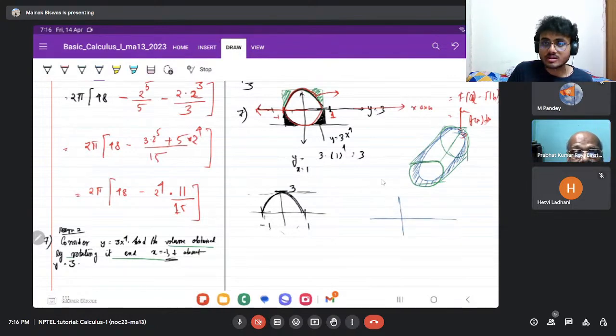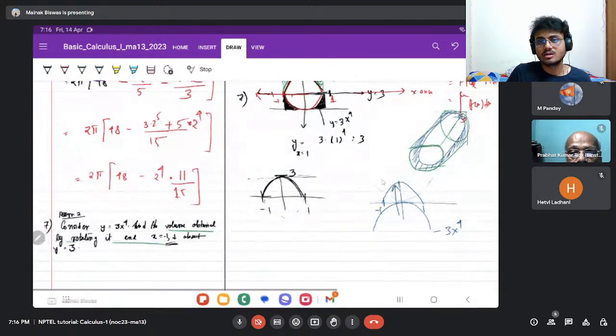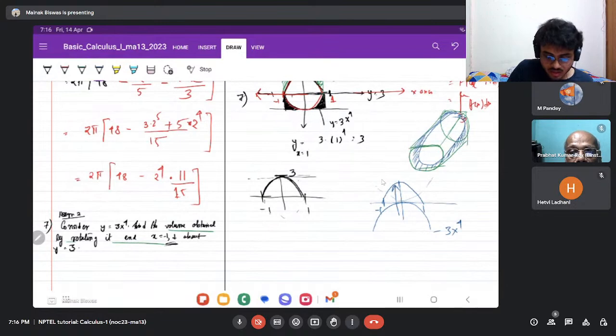Correct. This is a two-step thing. So if this is your one function, right? This is minus 3x to the power 4, and you are told this. So if I shift this upwards 3 steps, minus 1 to 1, so this is nothing but 3 minus 3x to the power 4. Do you agree?